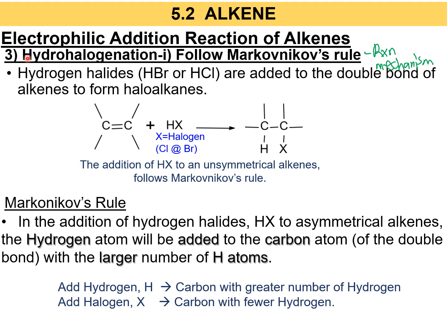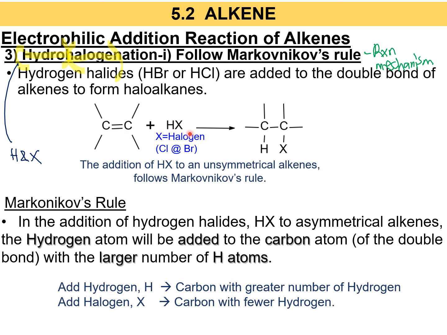Okay, so basically, kalau let's say hydrohalogenation, okay, the clue here, you akan add dua benda apa ya, hydro and halogen, okay, hydro and halogen. Basically, kalau you buat hydrohalogenation, you will do addition of hydrogen and also halogen dekat this carbon-carbon double bond, okay.